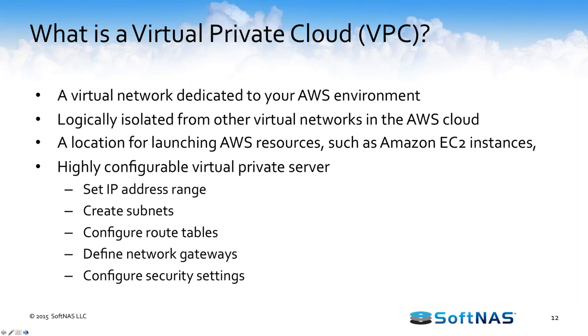It gives you configuration options that are not generally available in the EC2 Classic service, such as configuring your private IP address ranges, setting up subnets, controlling routing via route tables, and setting up different network gateways, which we'll cover. You can also get very granular with your security settings, from both a network ACL as well as a security group setting.